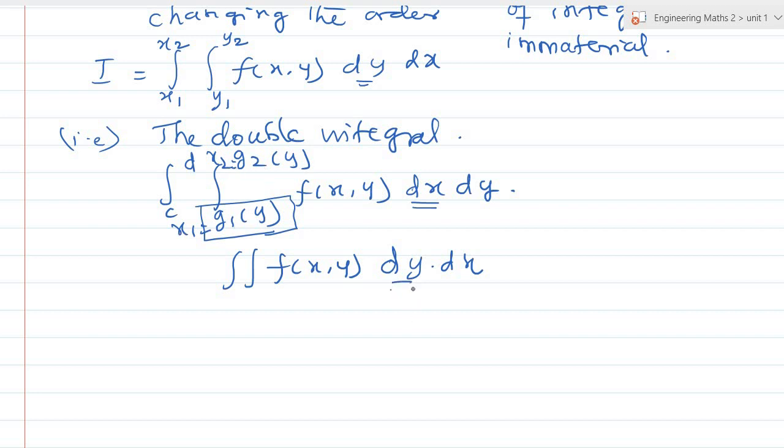But now the inner integration limits are for y, therefore it should be in the format of y1 equal to some f1 of x, y2 equal to some function of x. The outer integration limits may be constants, a and b are the constants. So this is the form.